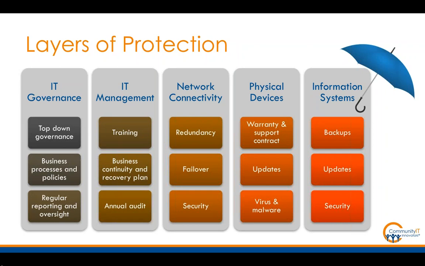The decisions that IT governance makes provide guidance around what IT management should implement, and the technical controls that are put in place for connectivity, physical devices, and information systems should all connect back to that governance and strategy that the IT governance provides as a layer of protection.